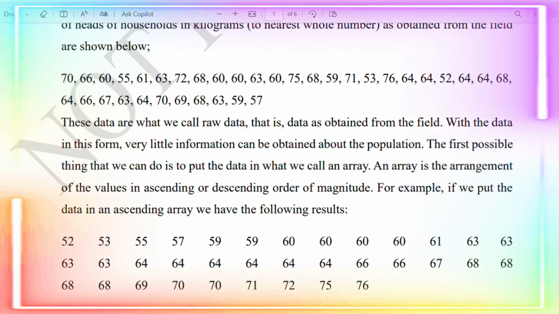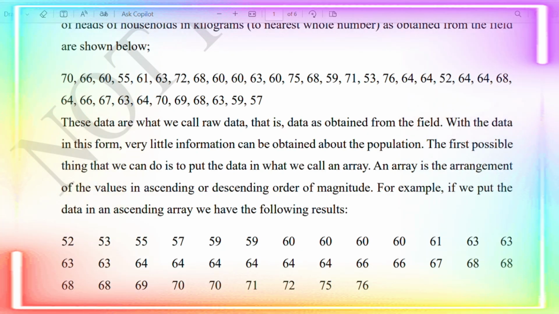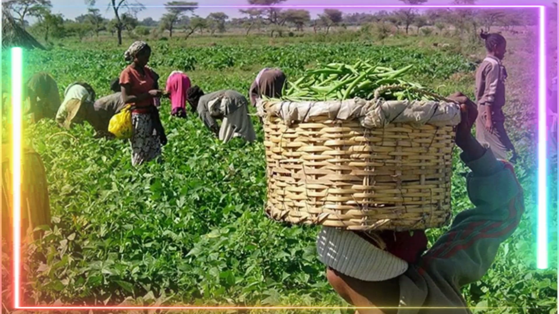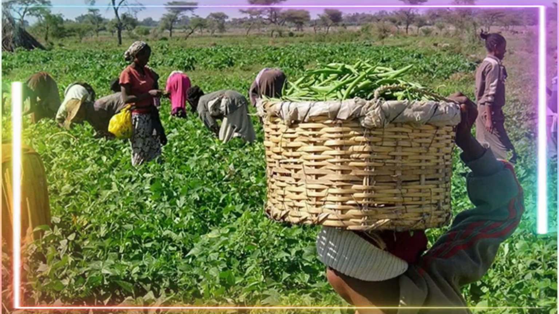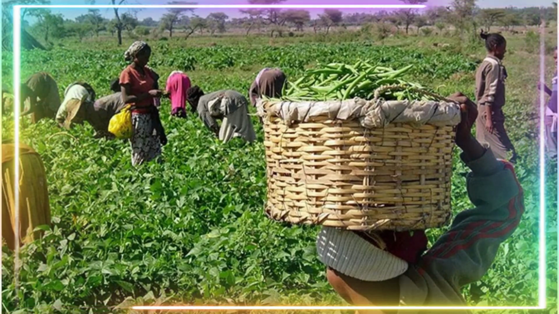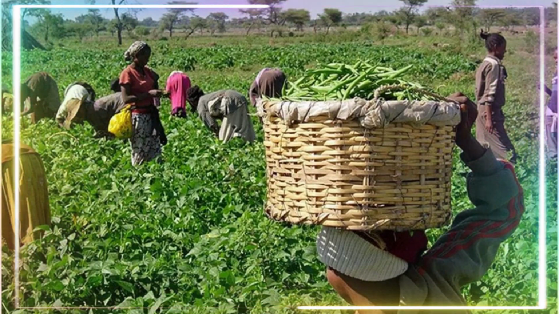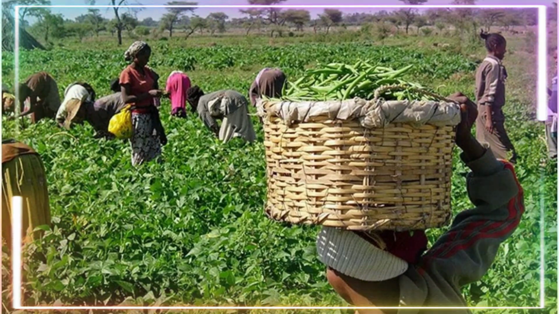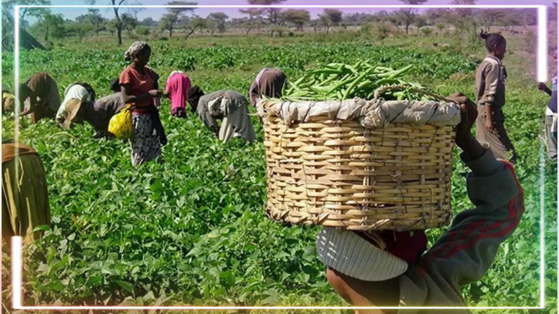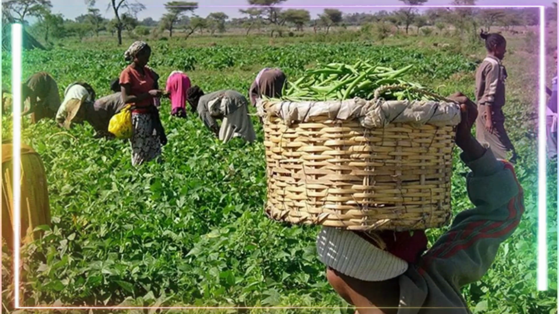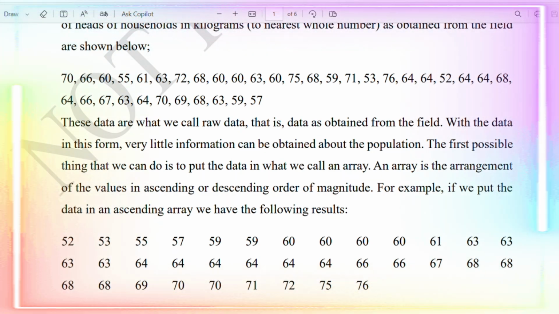You have to scan through one after the other. Easily you can't tell the number of the weight that has the most occurrence, which is the mode, and which one is the mean, which value represents these 35 heads of household.